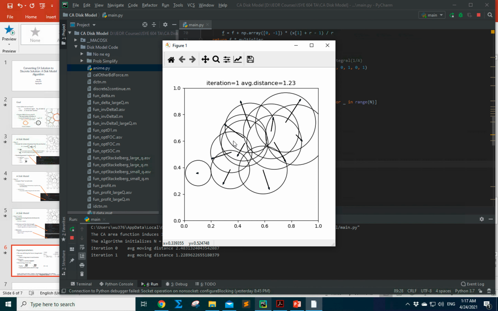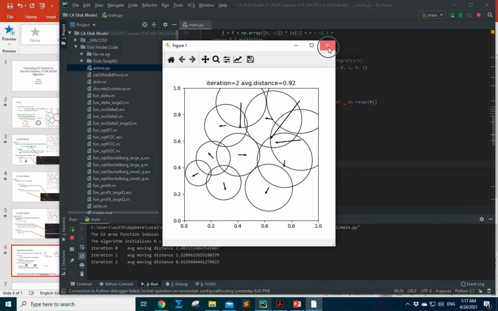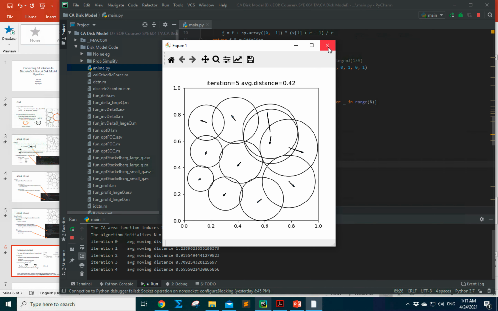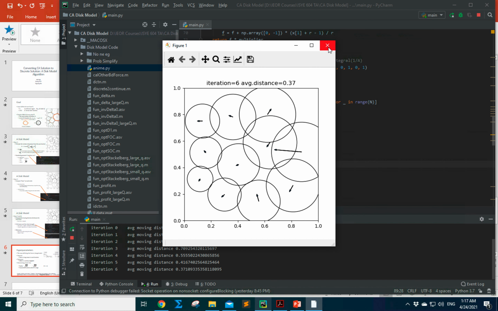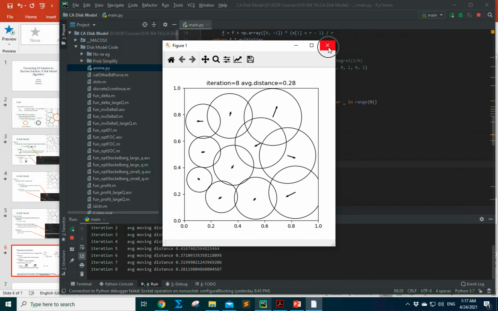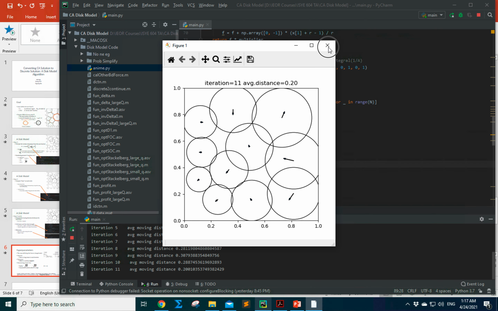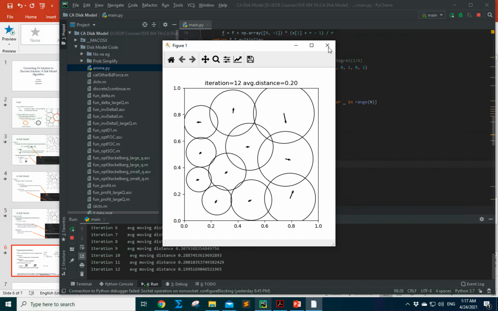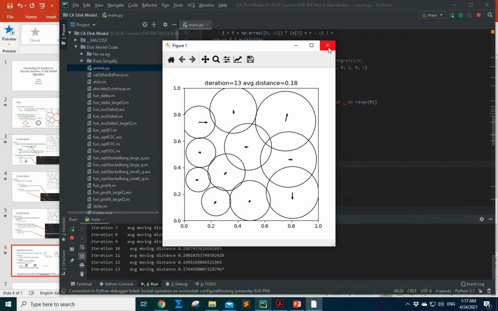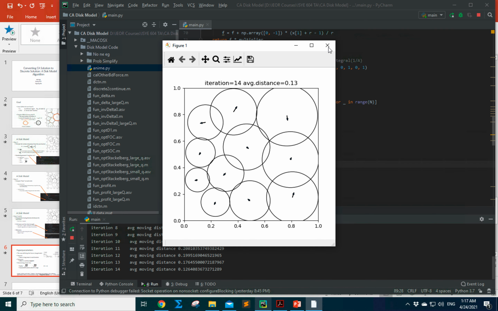In the next step, the circles are moved along the directions to better locations, and this procedure continues. After several steps, you will see the circles are separated from each other as best they can. And after sufficient computation, it will result in a kind of stable distribution.